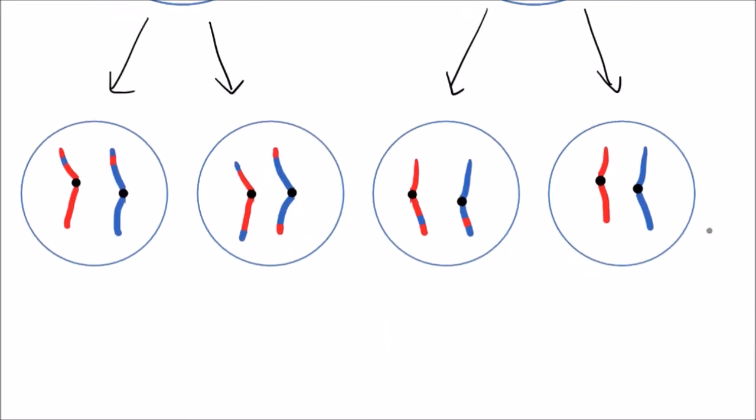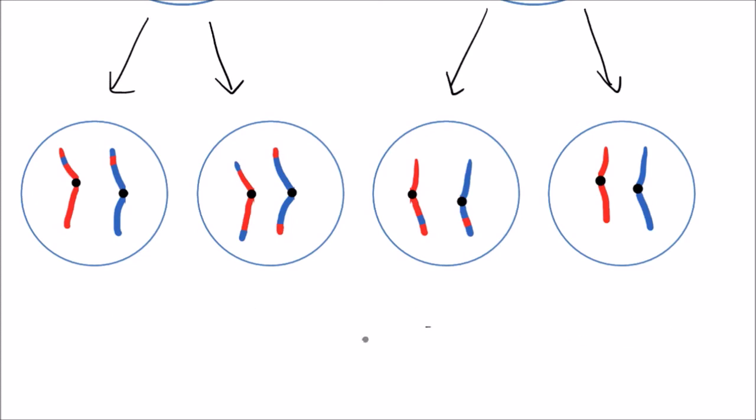So if you think back to the first cell we looked at, it contained 4 chromosomes, and these contain 2 each. So in the real world, these cells would only each contain 23 chromosomes, and these are gametes. They would be either sperm cells or egg cells, depending on you.